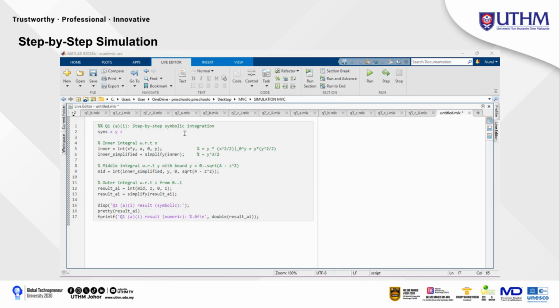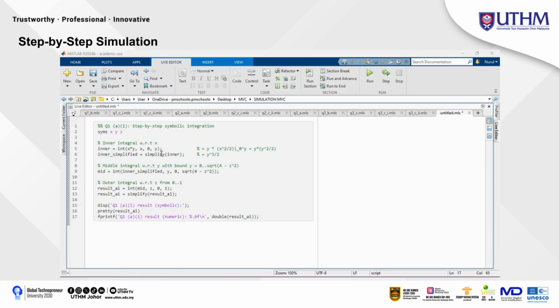So for syms, first we declare the symbolic variables x, y, z. This allows MATLAB to treat them as algebraic symbols rather than numbers. So for this inner code, which is an inner integral of x multiplied by y, we start the inner integral with respect to x.